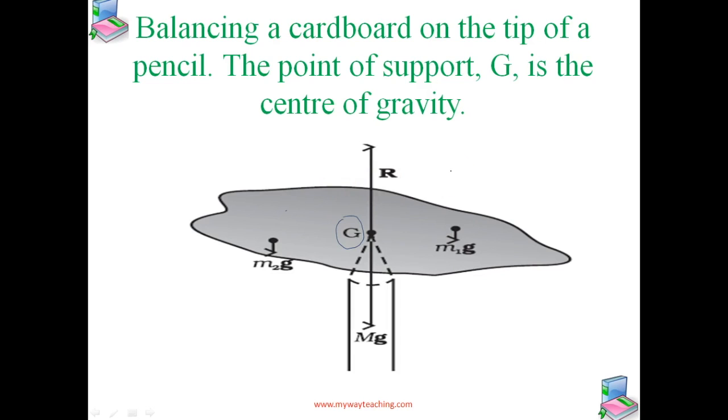If Ri is the position vector of the ith particle of an extended body with respect to its center of gravity, then the torque about this center of gravity due to the force of gravity on the particle is given by Ri times mi times g. Here we have to consider acceleration due to gravity, and the total gravitational torque about the center of gravity must be 0.